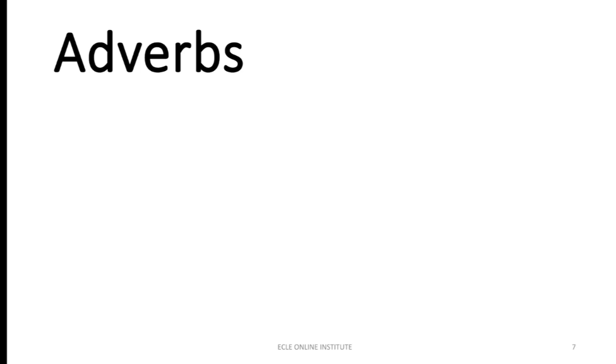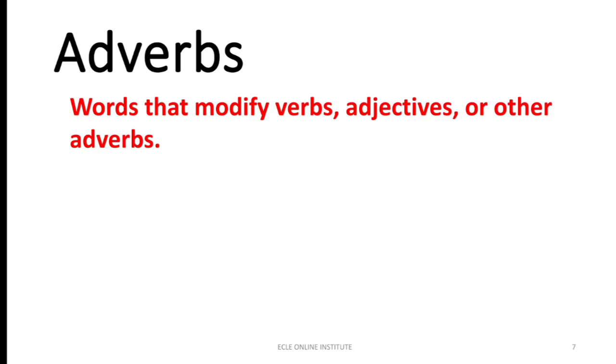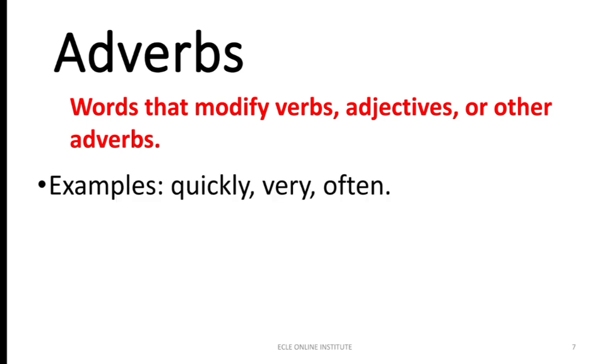Now let's learn about adverbs. Adverbs are words that modify verbs, adjectives, and other adverbs. For example, quickly, very, and often. So they are words that modify a verb, like adjectives.